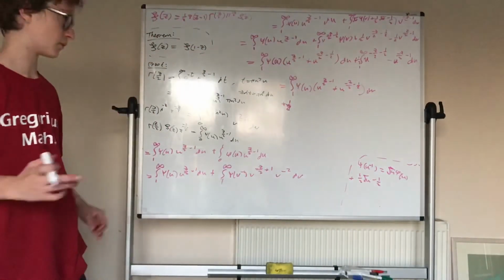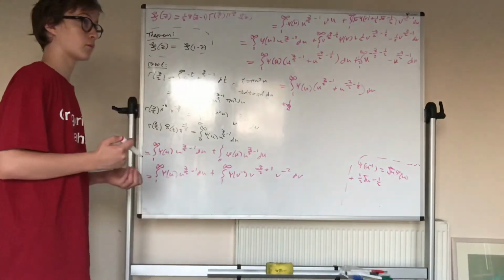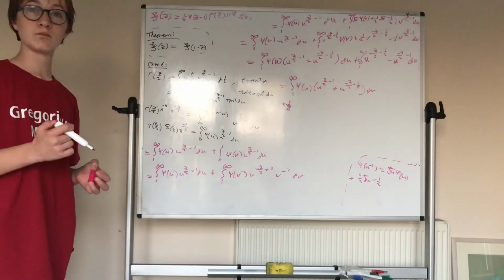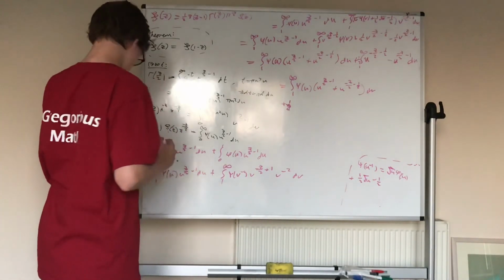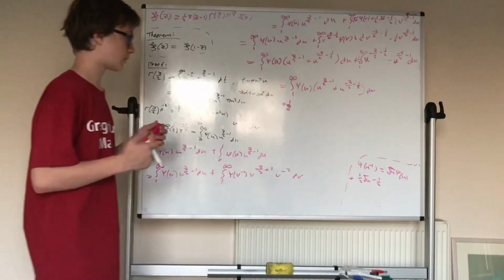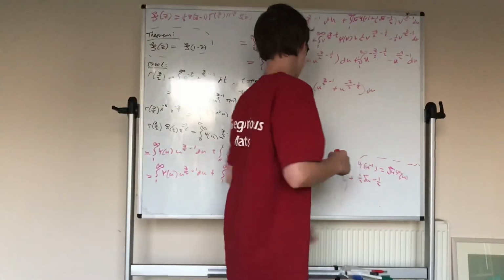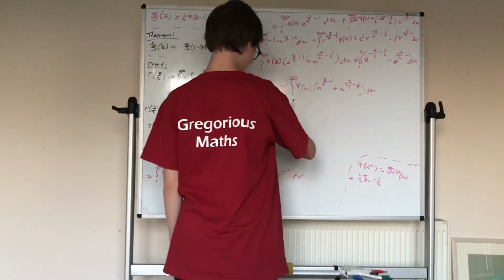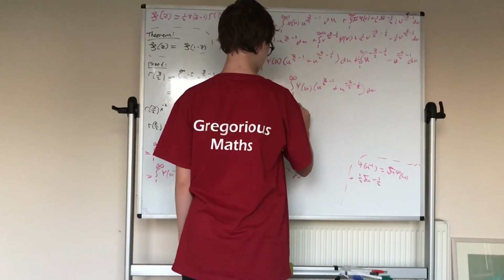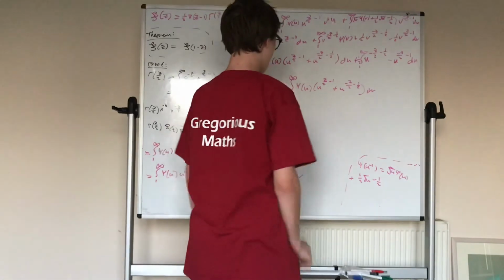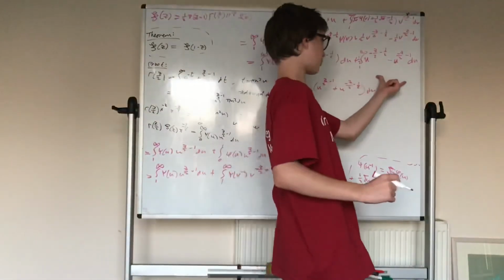Not u substitution, a power rule. And if you do the power rule here, you should end up with, if I've done this correctly, 1 over z times z minus 1. I'll tell you in the comments below if I've done this correctly. But this is just a simple power rule.